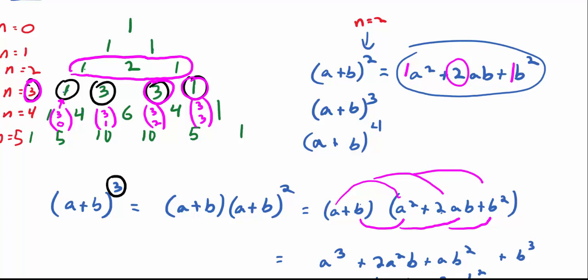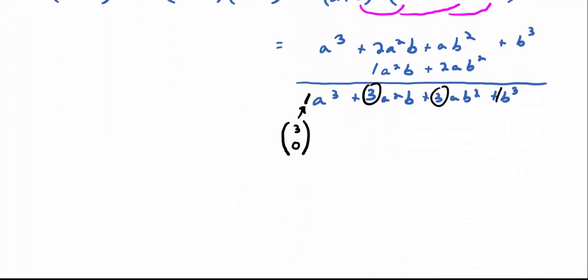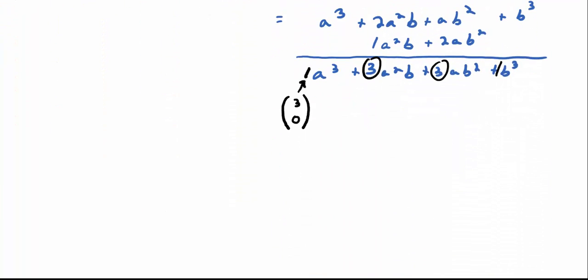I know that looks weird if it's the first time you've seen it, but you'll get used to it real quick. So this 3 right here is what I just called 3, choose 1. This 3 is the 3, choose 2 from row 3 of Pascal's triangle, which is really the 4th row. I know, it's weird. And then this 1 right here is 3, choose 3.